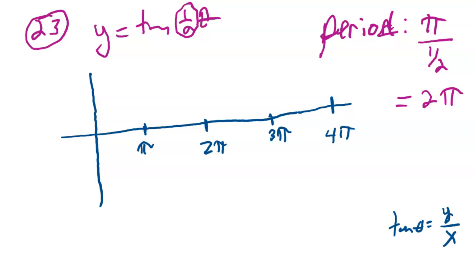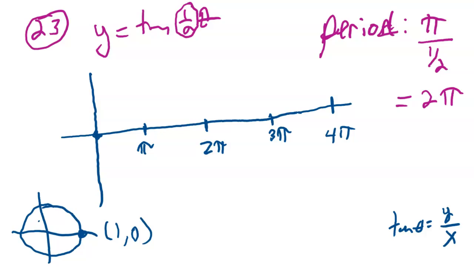I'm going to plug in points, kind of like what we normally do, because I want to get my asymptotes, and I need to figure out what my asymptotes are. When I look at 0 on the unit circle, I know this point is 1, 0.